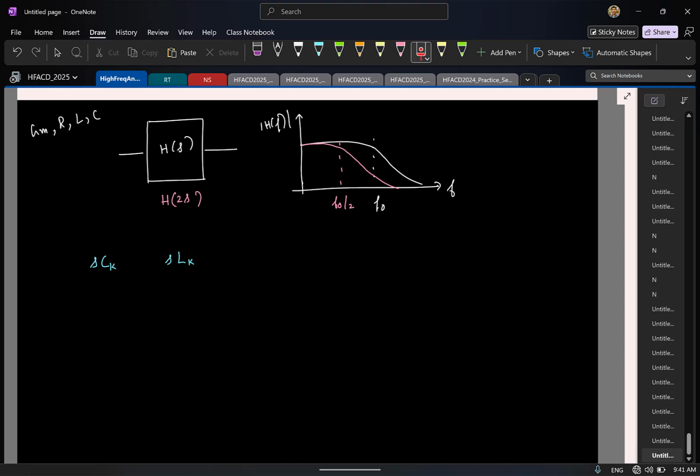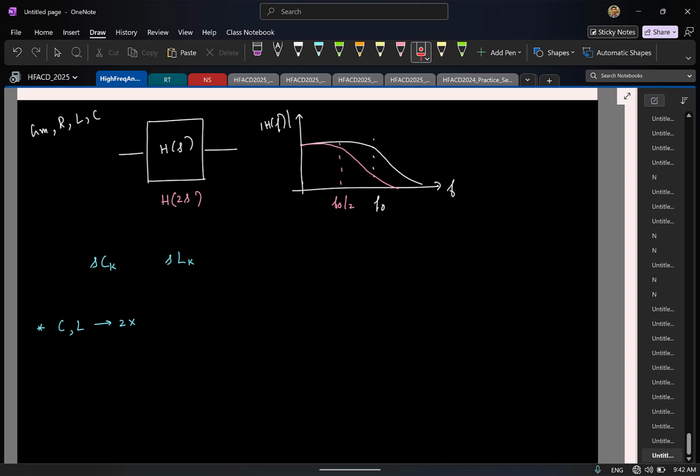Now if I want to scale s by 2 times, what can I do? I cannot just do it only for C. I should also do it for L. I'll take all the capacitors and all the inductors in my circuit and scale them by a factor of 2. That essentially will do this. So that is one thing you can do: you take all inductors and capacitors and scale them by a factor of 2. Make sense?